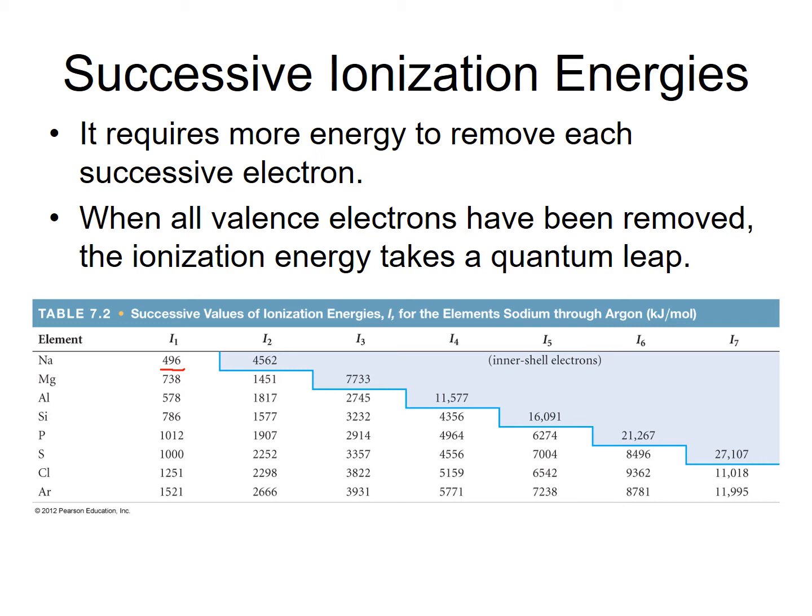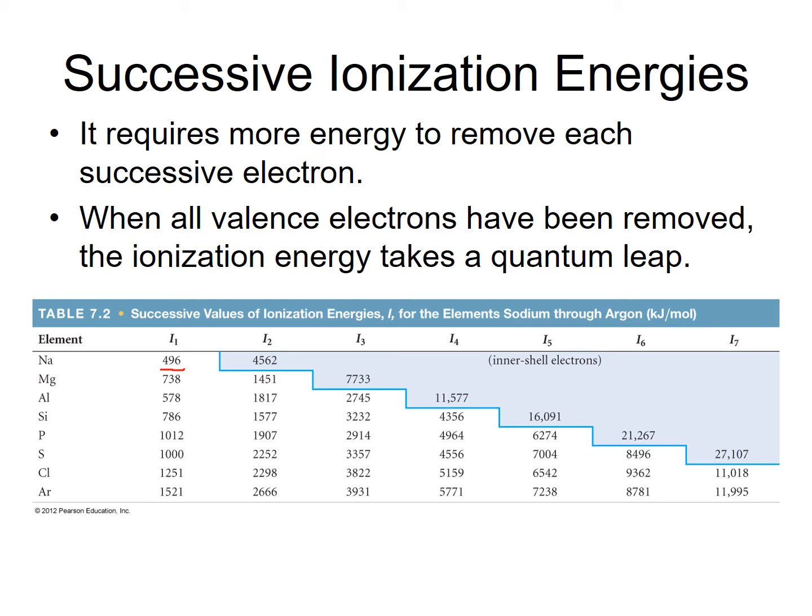That's simply because it takes more energy to remove an electron from something that has a charge of +2 than from something that has a charge of +1. So the successive ionization energies always go up. However, it's instructive to look at how much they go up.